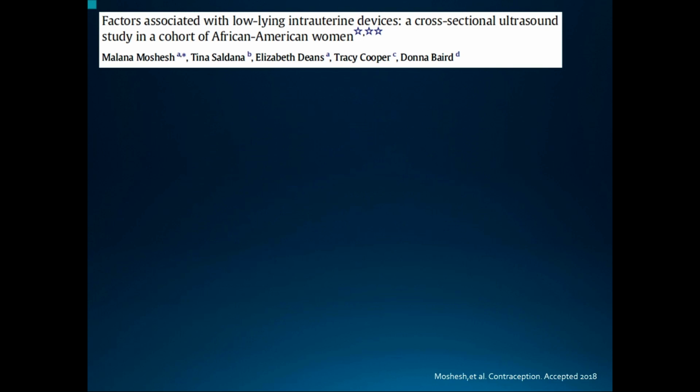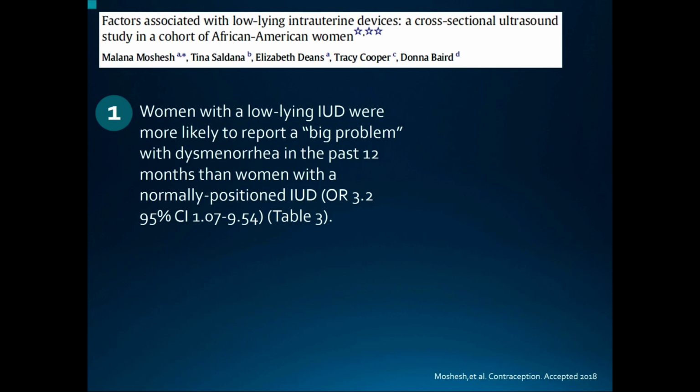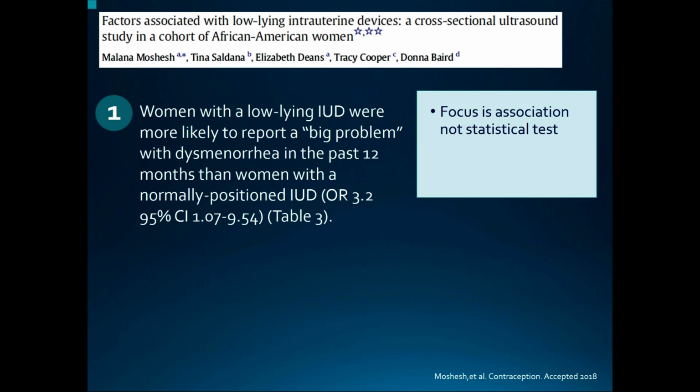So here's the first sentence from that previous slide. Women with low-lying IUD were more likely to report a big problem with dysmenorrhea in the past 12 months than women with a normally positioned IUD. So the first thing to notice is that the focus here is on the association rather than a particular statistical test or p-value.